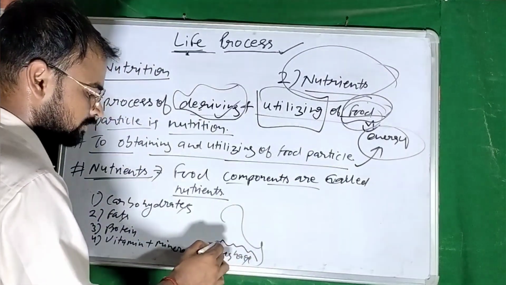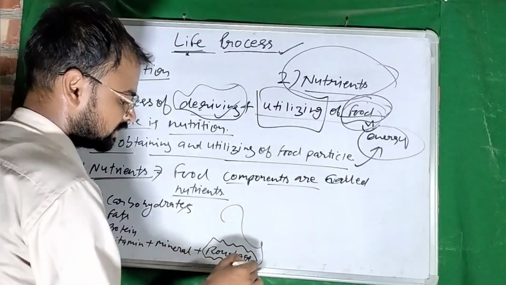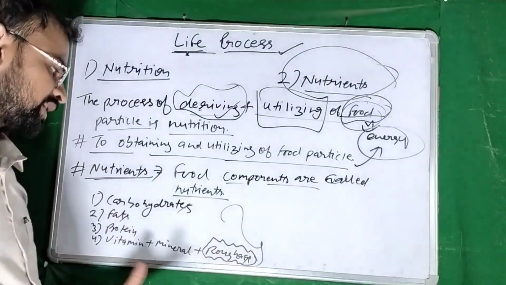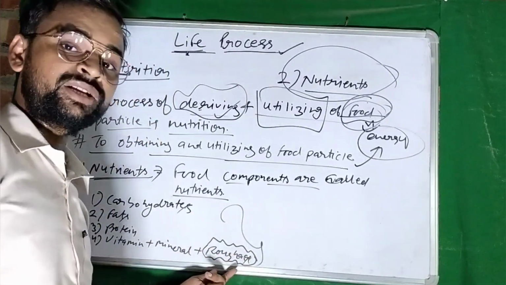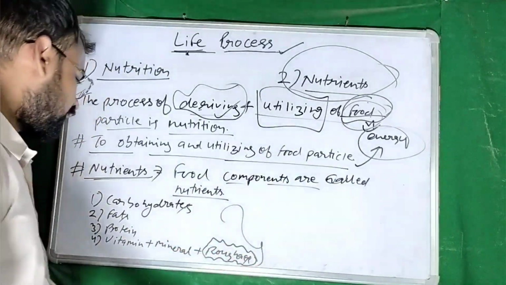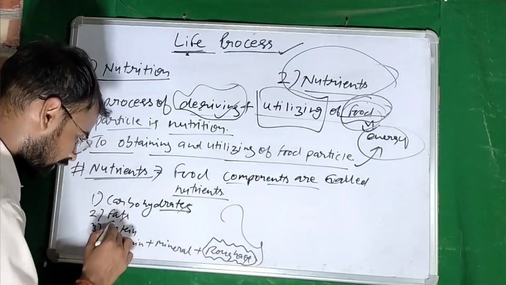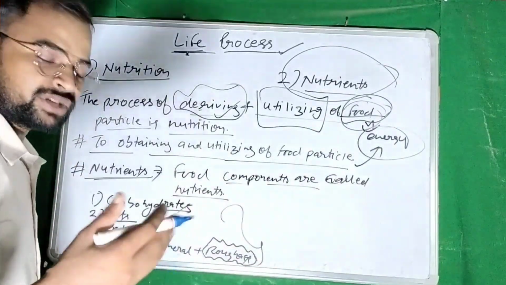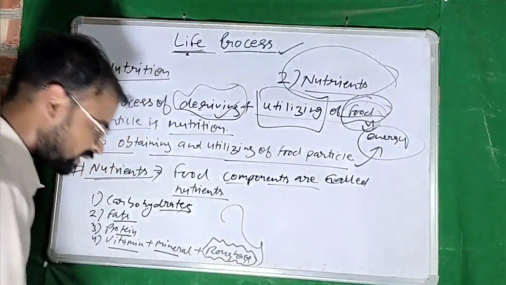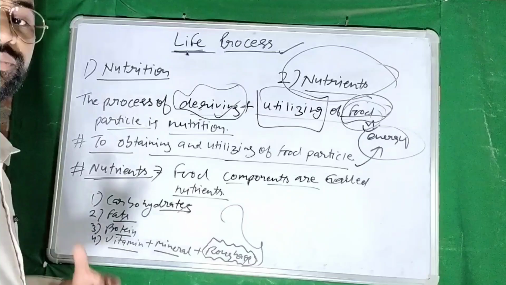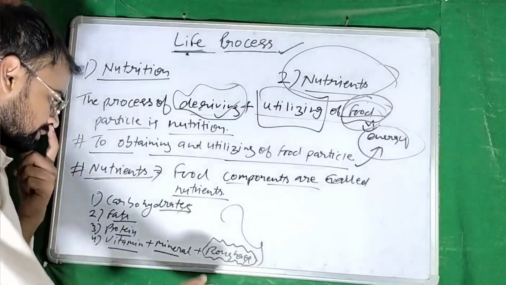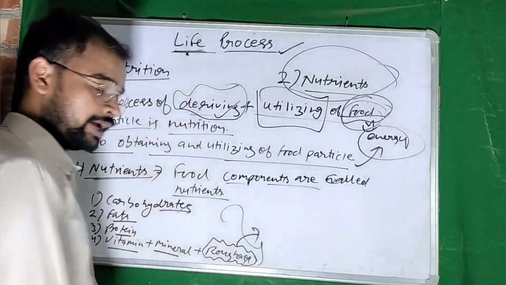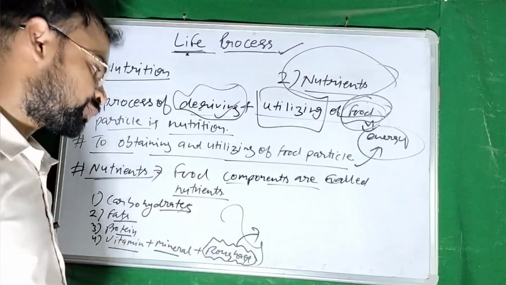Roughage is also essential, but it does not give us any energy; it helps in the removal of waste material from our body. Carbohydrate will give us energy, fat will also give us energy, protein will help in making our muscles strong, and vitamins and minerals will protect our body from deficiency disease. Roughage helps in removing waste products.